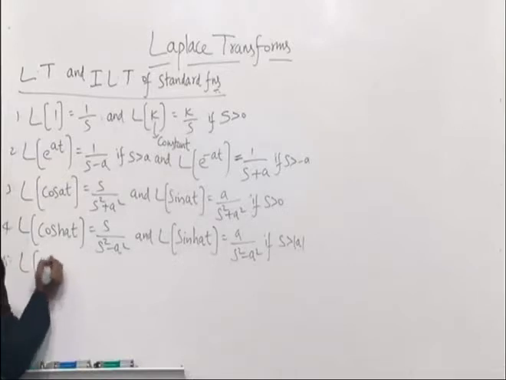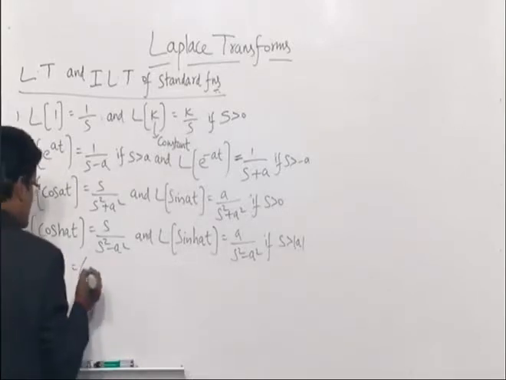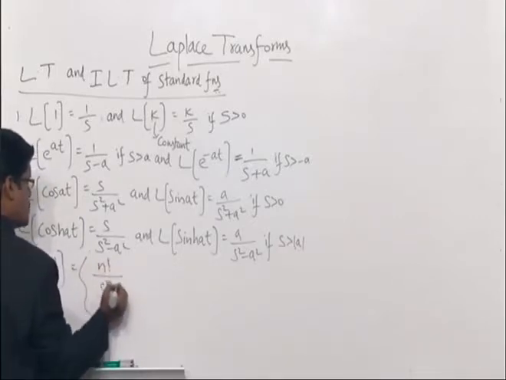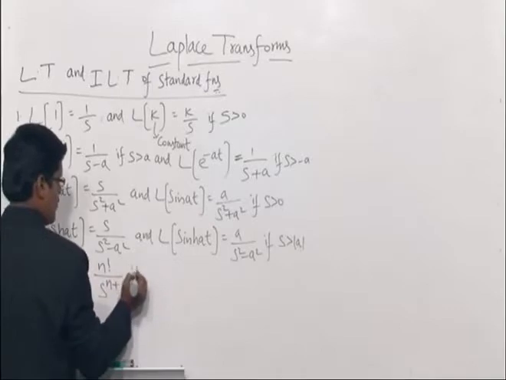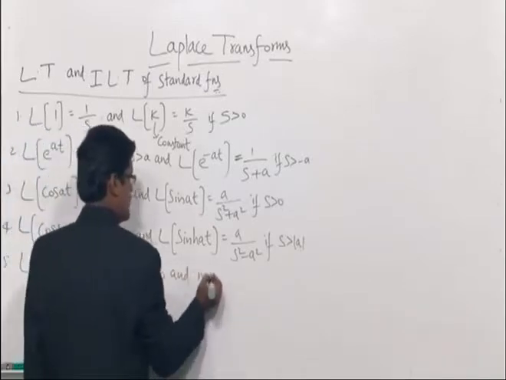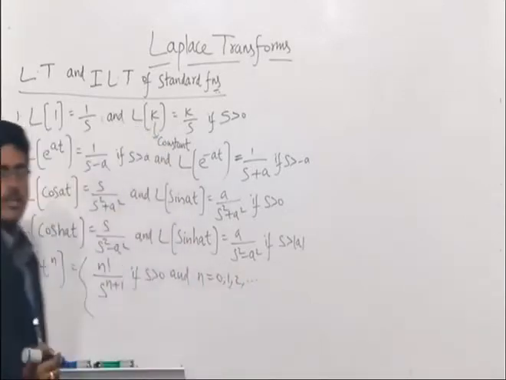L of t power n is equal to two cases: n factorial over s power n plus 1 if s greater than 0 and n is a whole number, 0 with natural numbers.